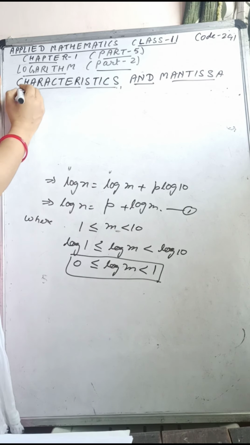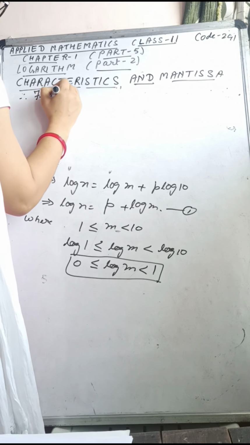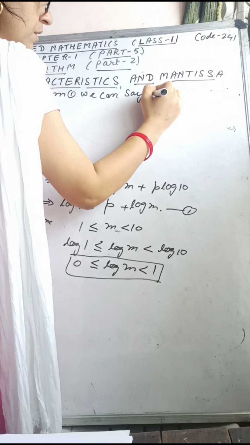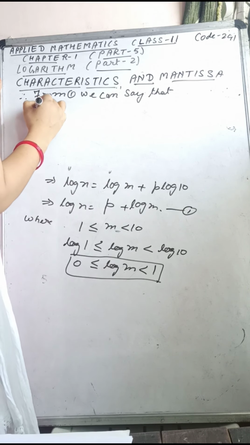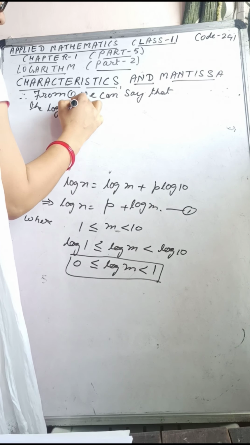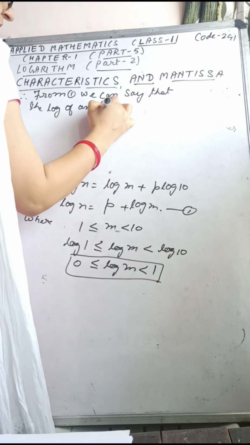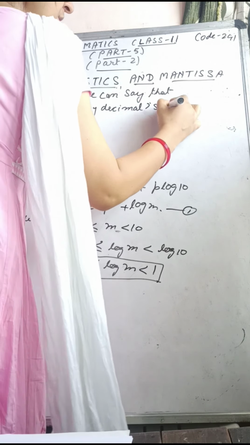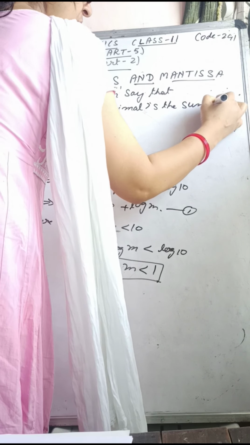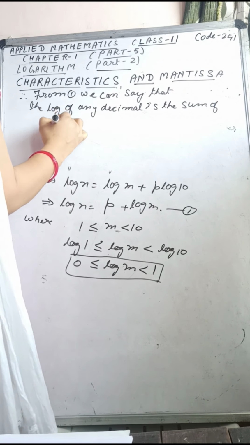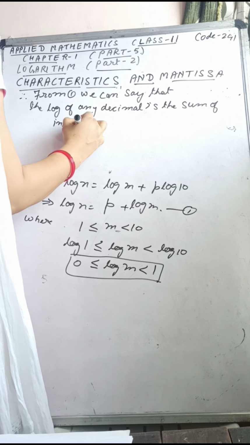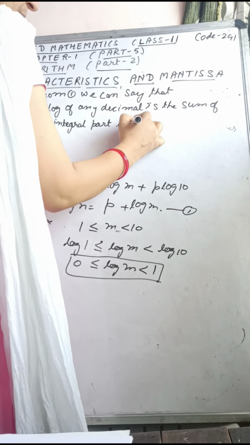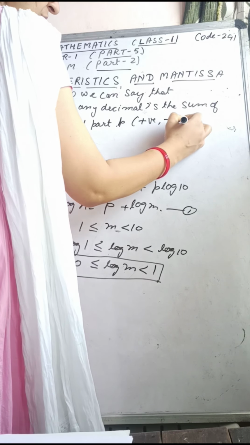From this, for equation 1, therefore from 1 we can say that the logarithm of any decimal is the sum of an integral part p. P can be positive, negative or 0.